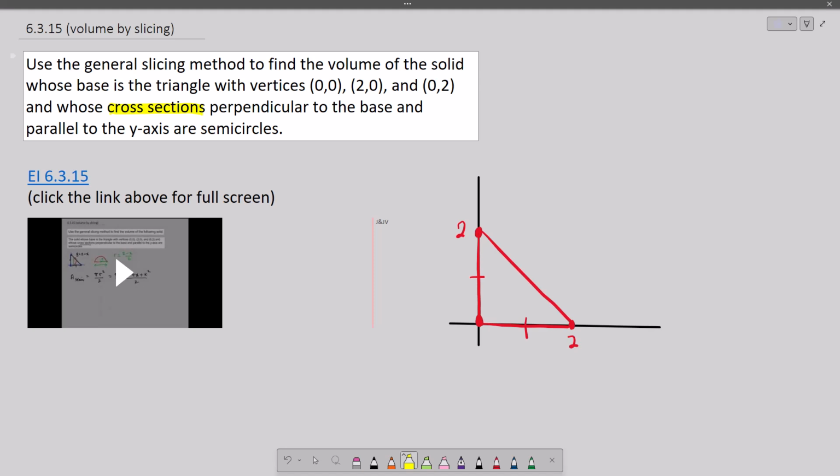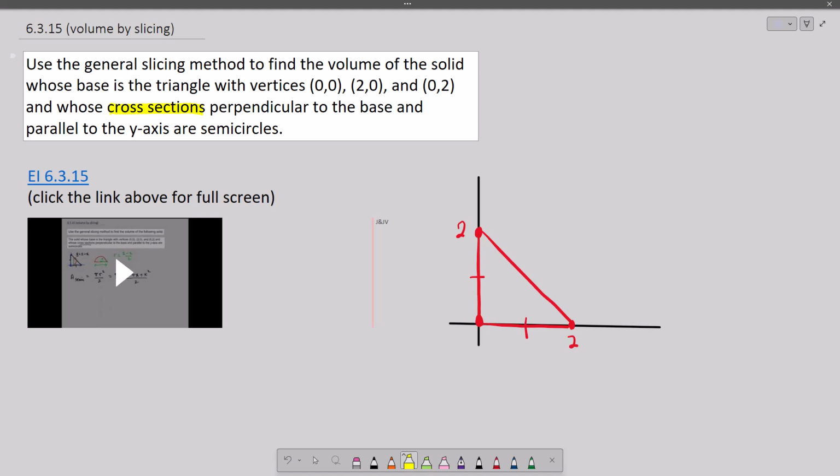That part can seem extraneous and confusing, so just remember that all of our cross sections are perpendicular to the base. If they weren't perpendicular to the base, you'd have a very complicated situation if they were coming in at some oblique angle. That would be very hard. When you think cross section, you think perpendicular. So that part is kind of extraneous.